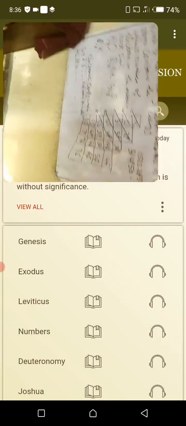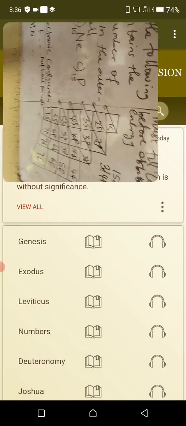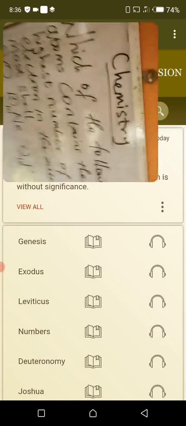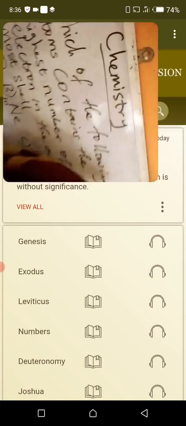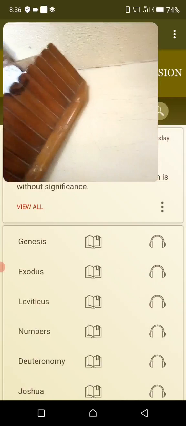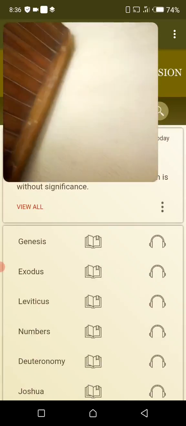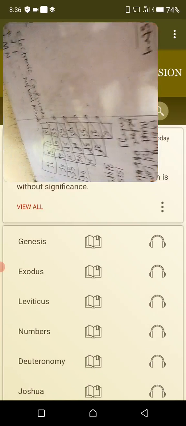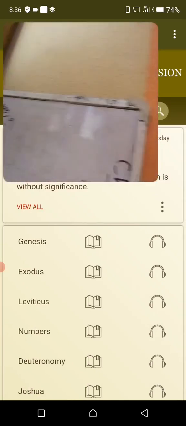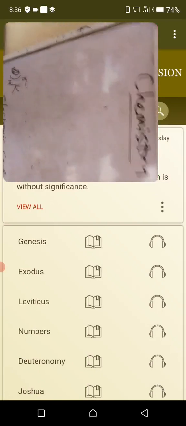Now, from the question, if I want to fill the electronic configuration for oxygen, I'm going to fill it using this method as I have written. So, oxygen has atomic number 8, like they gave us in the question.